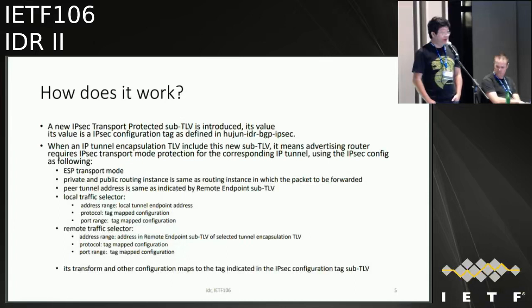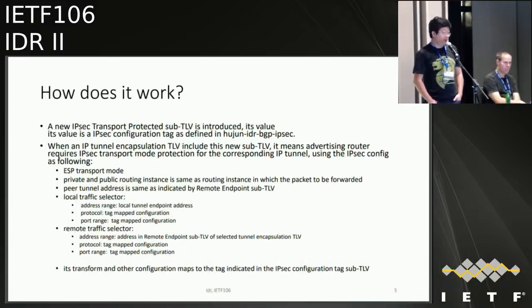Once the receiving router gets this update and decides to forward packets to this advertising router, it will use the following IPsec config to create the child SA. You will use transport mode with ESP, and the public and private routing instances will be the same as the packet to be forwarded, and the peer tunnel address will be the same as indicated in the remote endpoint sub-TLV.